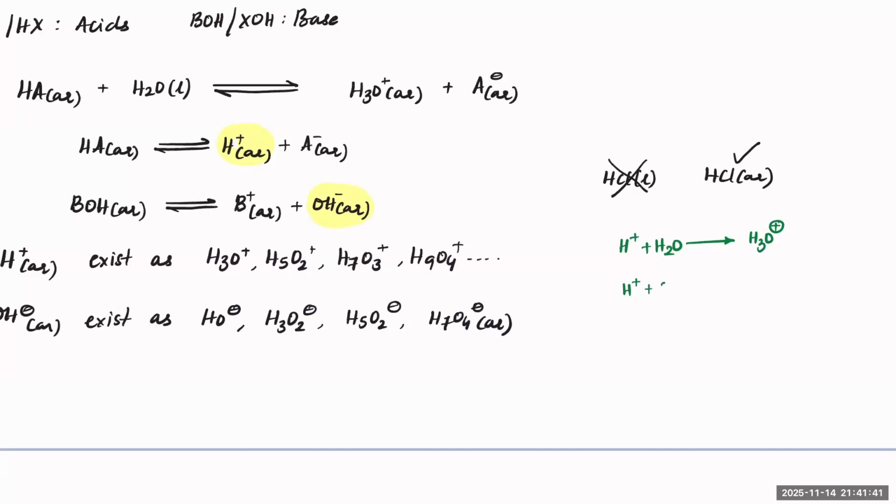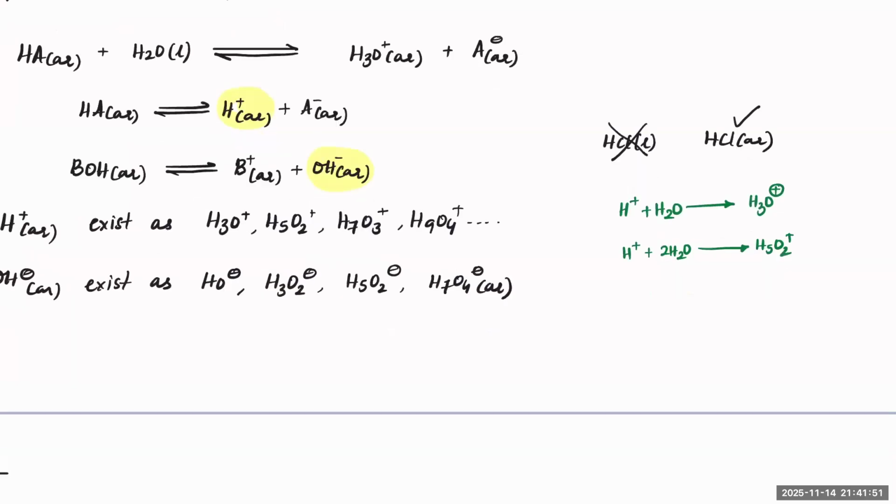If the temperature is a little lower, at least two water molecules can also be tagged with it, so it will appear as H5O2 plus. If you go to a further lower temperature, maybe around 5 to 10 degrees centigrade, you will have three molecules tagged to H plus, and you'll see this as H7O3 plus. So any representation is correct depending upon temperature.